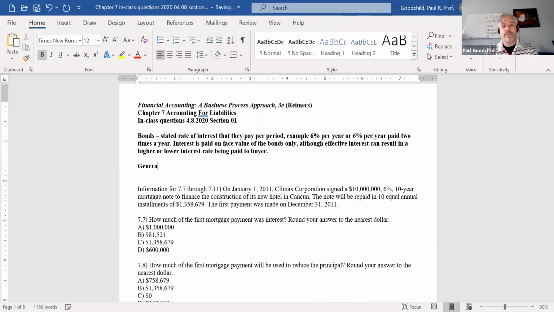Generally, companies like Standard & Poor's and Moody's rate bonds based on their risk.